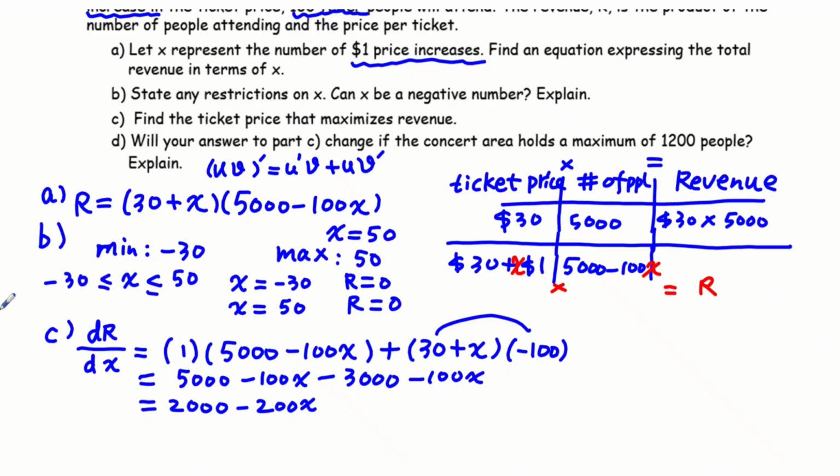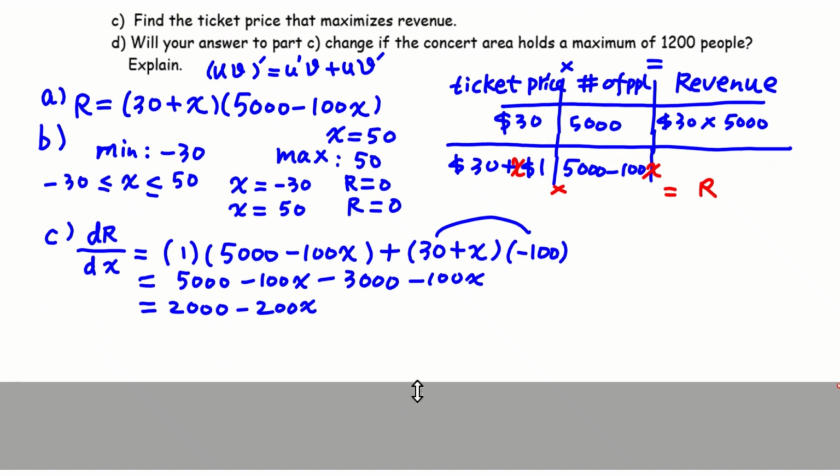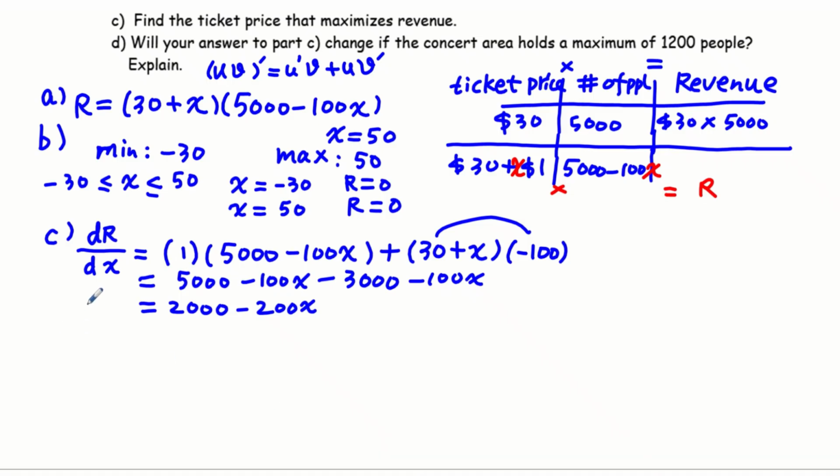So in order to find the maximum or minimum, we want to let the first derivative equal 0. So let dR over dX equal 0. So we have 2,000 minus 200x equals 0. This is a linear equation.